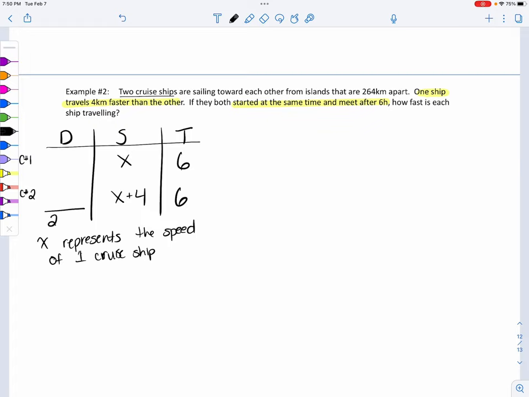So the 2 distances will add to 264. I don't know how far each one went. So again, when I don't know something, I can use a letter. So I can say Y. Y is going to represent the distance of the first cruise ship.